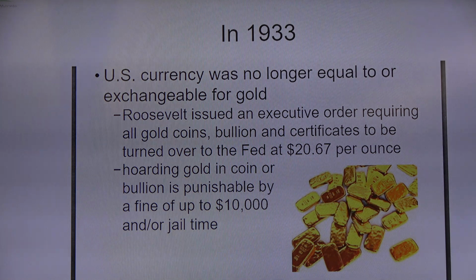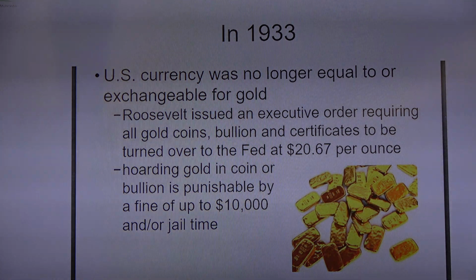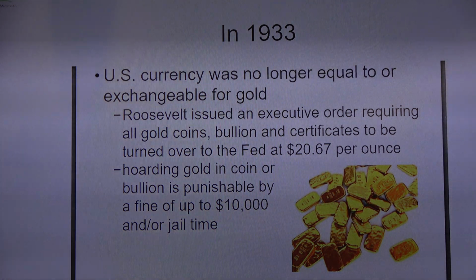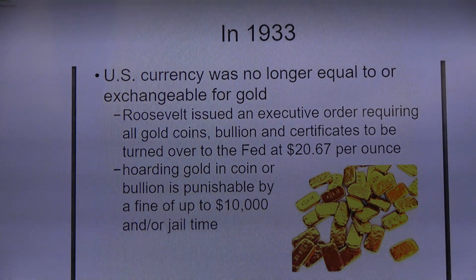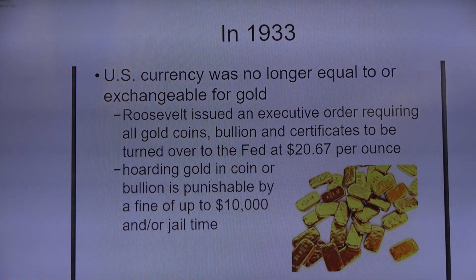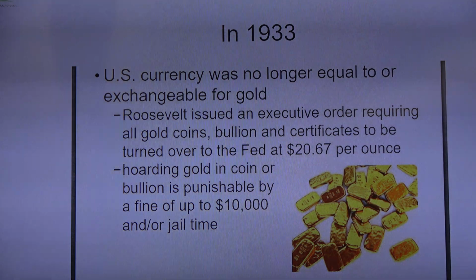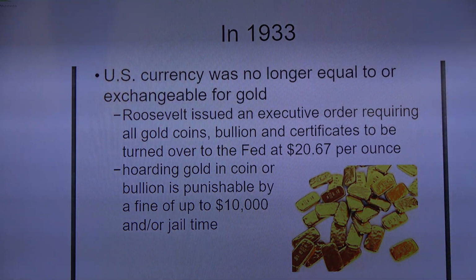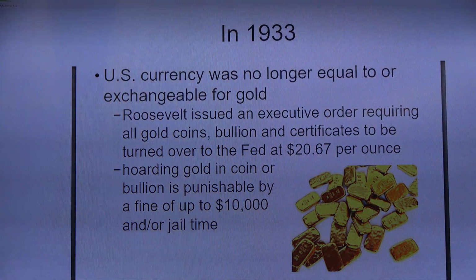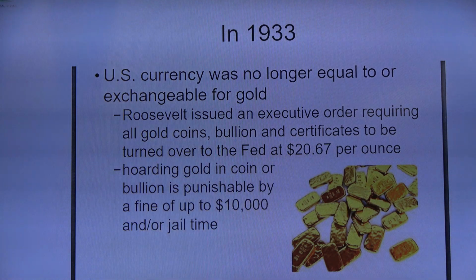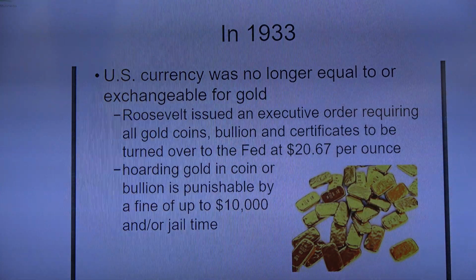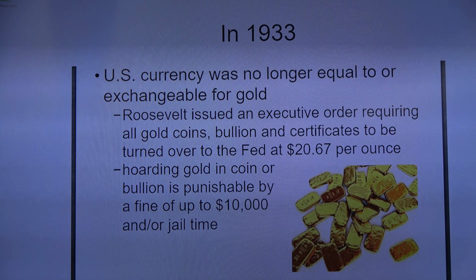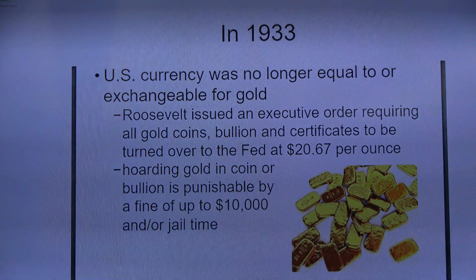So in 1933, the U.S. currency was no longer equal to or exchangeable for gold. So Roosevelt, who was the president, issued an executive order requiring all gold coins, bullion, and certificates to be turned over to the Fed at $20.67 per ounce. Because people at this time were hoarding gold because they thought it was going to be worth money.